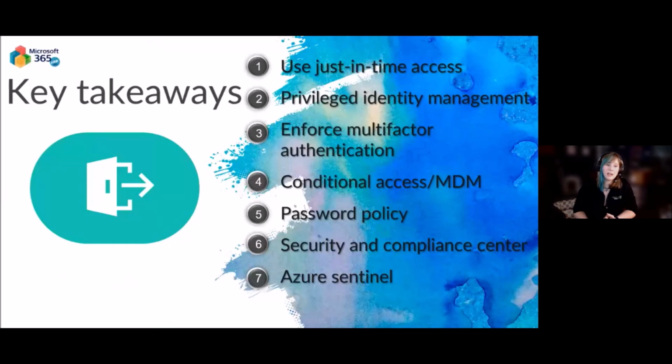Conditional access and your mobile device management or mobile application management, if that's the way you need to go. Having a password policy that doesn't make your users want to change their password to something so simplistic that they are afraid they're not going to be able to remember it if they don't. Making sure you're understanding where your logs are and how to access them so you can use them properly.